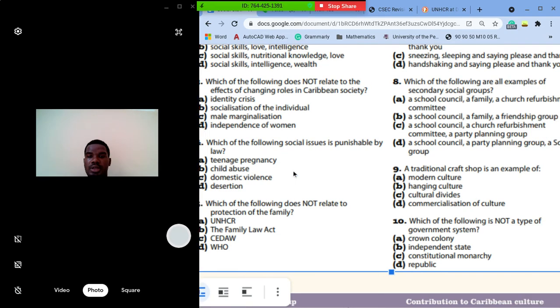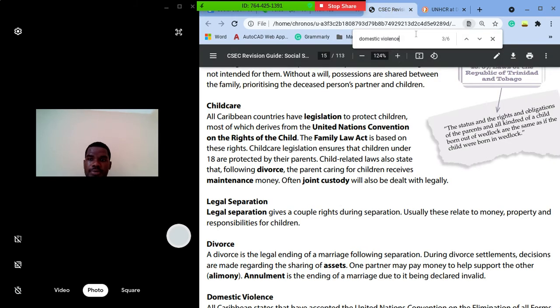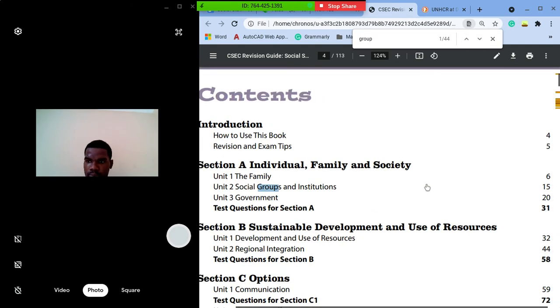Question 6. Which of the following are not vital for a group to function effectively? We know primary, secondary, and formal groups. But just to remind you, let's go through the different groups. Primary group, page 15.